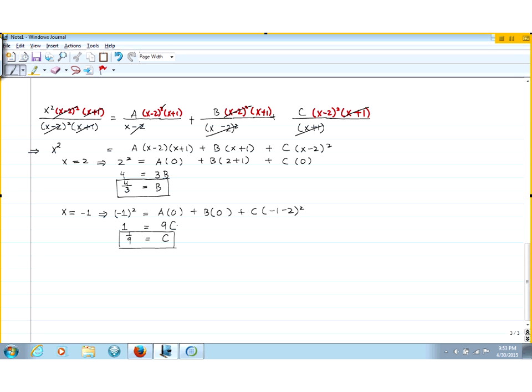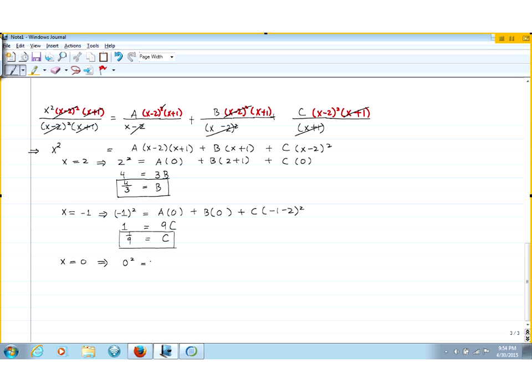All right. So how are we going to solve for A then? Well, we already solved for B and C. So we could just continue with method 1 and pick any x value, and substitute B and C. So here, x equals 0. This is easy also.